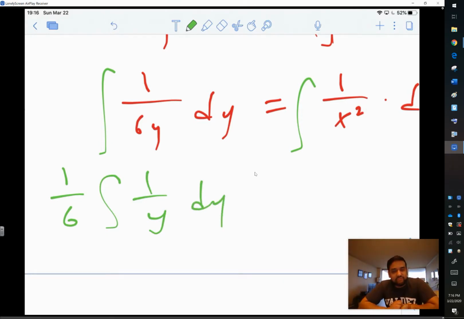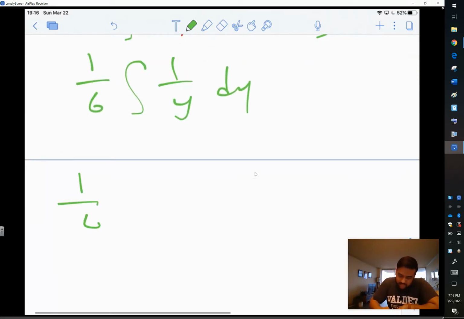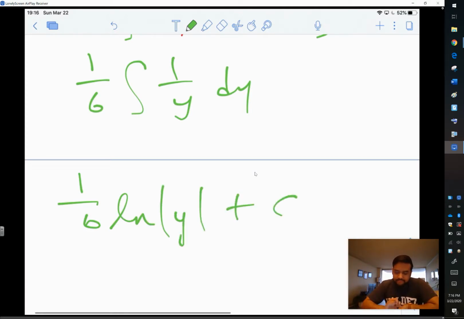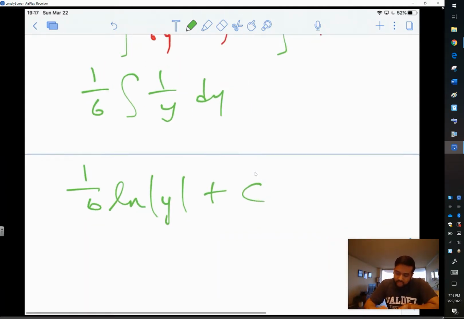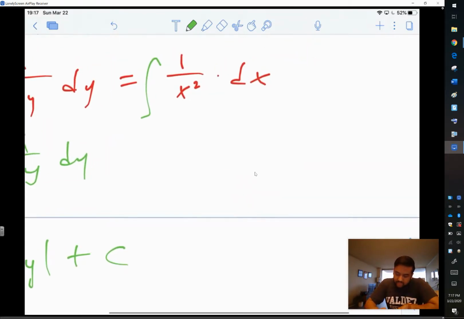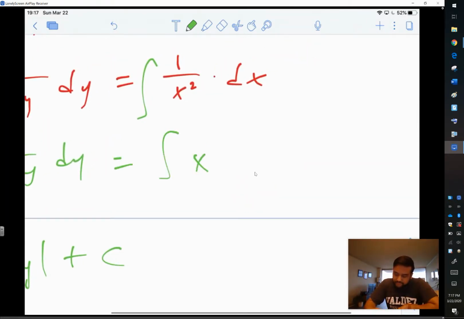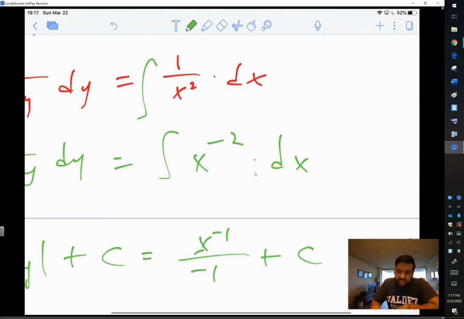What's the antiderivative of 1 over y dy? That's right. It's ln of the absolute value of y plus c. Over on the right-hand side, I'm going to rewrite that as x to the negative 2, and that's going to be add 1 and divide, plus c.